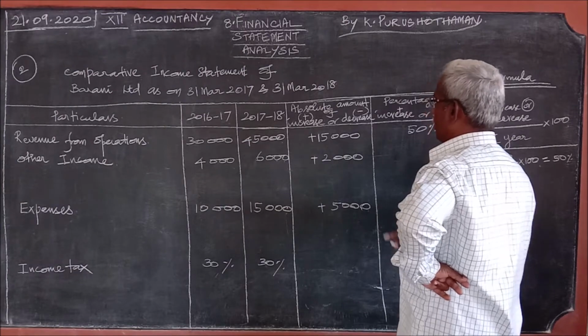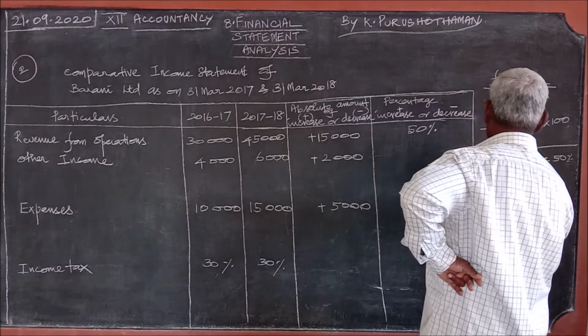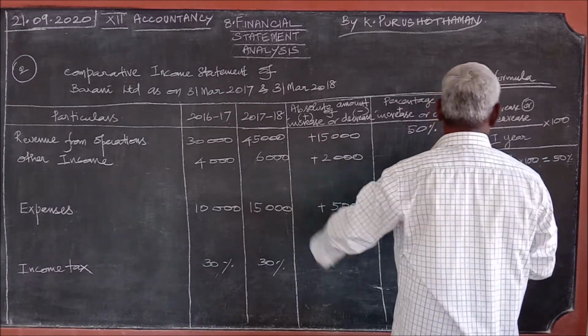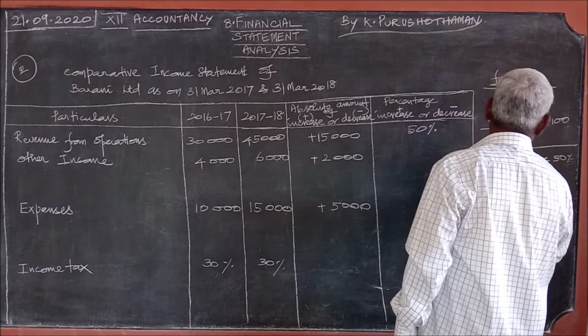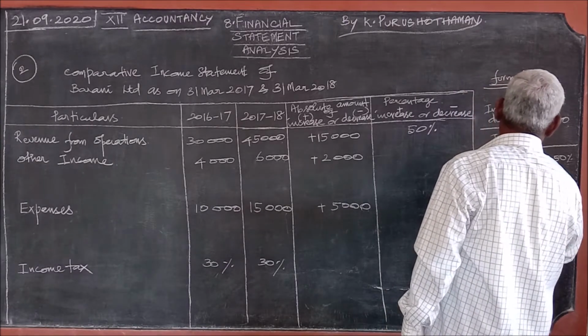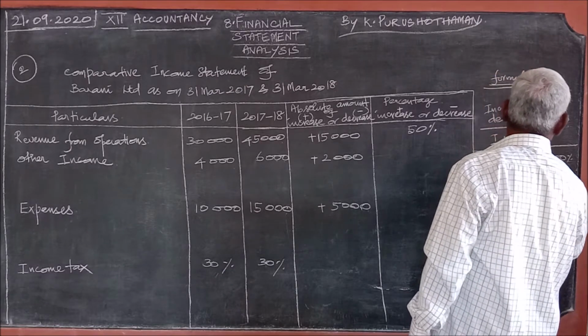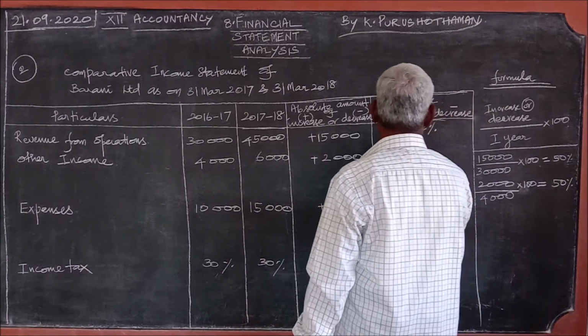Okay, now the second one. Increase 2,000 by first year 4,000 into 100 is equal to 100 by 2, 50%. This is also 50%.